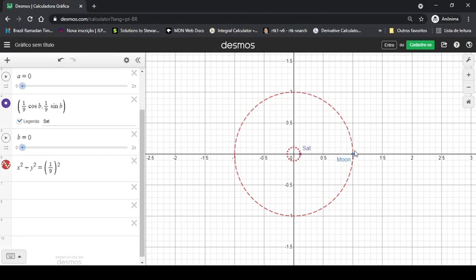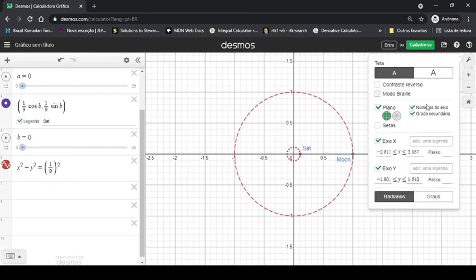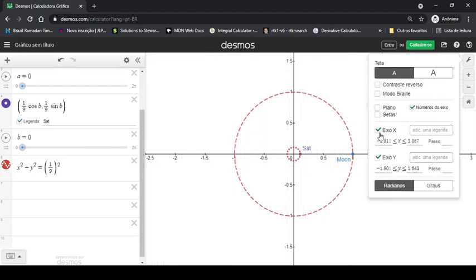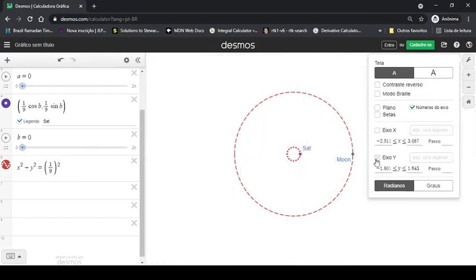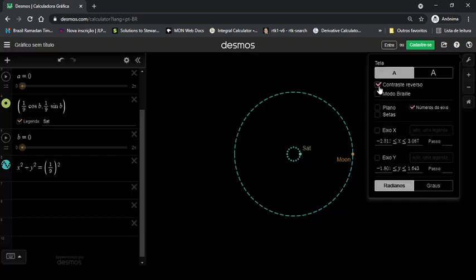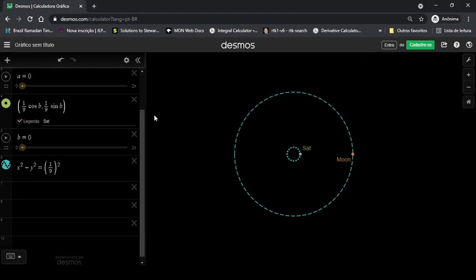I even put the speed over here. I think the speeds that I put have a good relation, so that when this makes 27 loops, this should make 1. Okay, so let's just take this off, and here we have our moon.